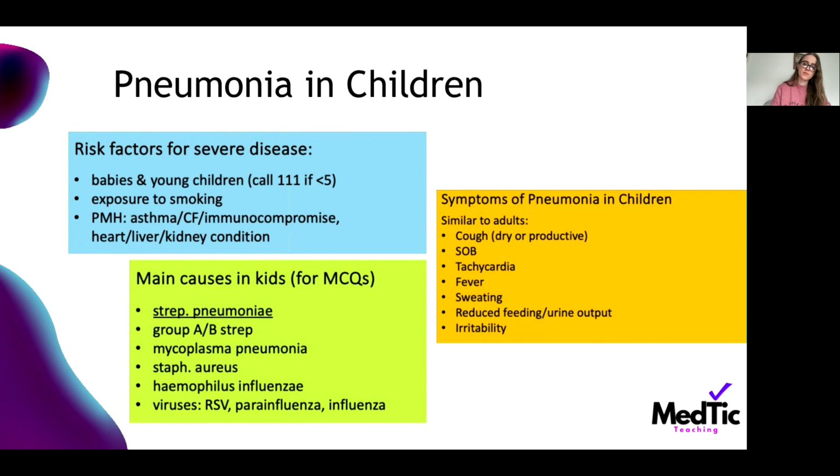Symptoms are very similar to the symptoms you get in adults, but you might also see things like sweating, reduced feeding, irritability, dry nappies. If a child is getting recurrent chest infections, you're going to do a number of investigations, including chest x-ray to look for structural abnormalities or foreign bodies, or potentially even a cancer.